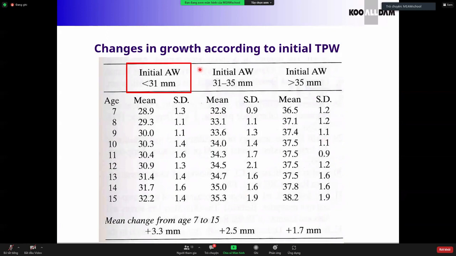In his report, if the initial TPW value is lesser than 31 millimeters, how about the value of the TPW at 15 years old? 32. So it means there is not sufficient growth with a low value of TPW.